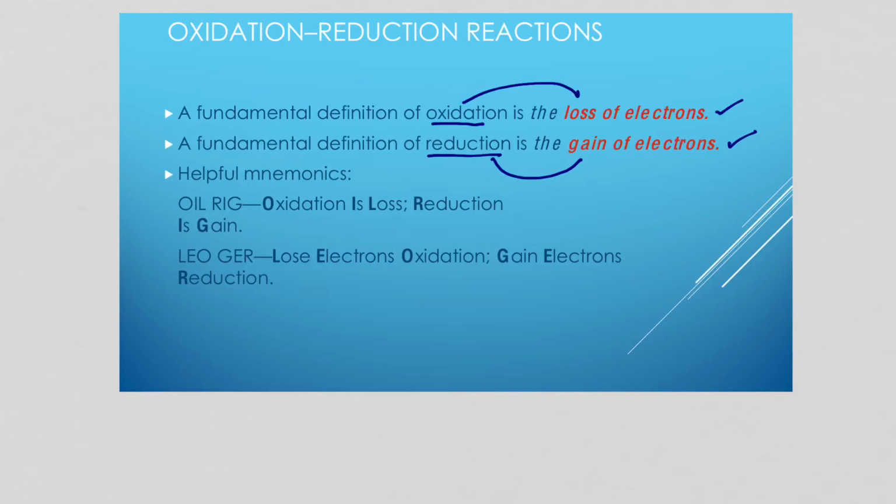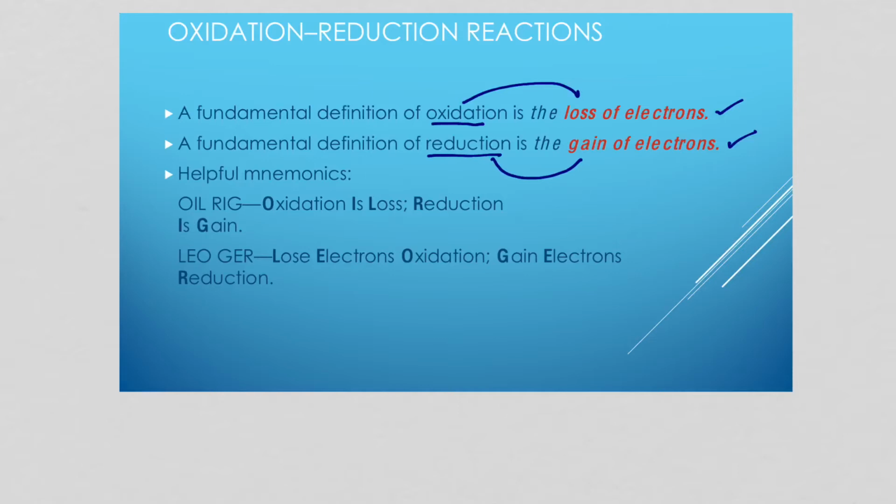That's one that works for a lot of people. We have LEO GER, or the longer version, Leo the lion says GER, where lose electrons is oxidation, gain electrons is reduction. So a couple of maybe helpful ways to keep these two terms straight.